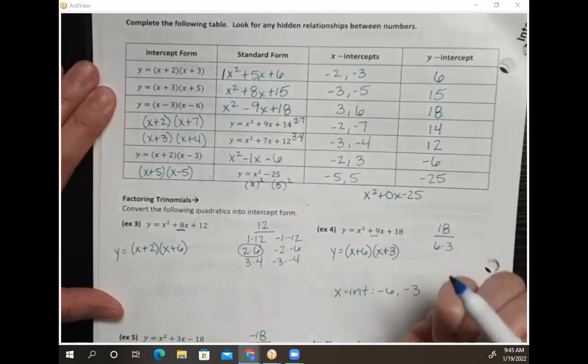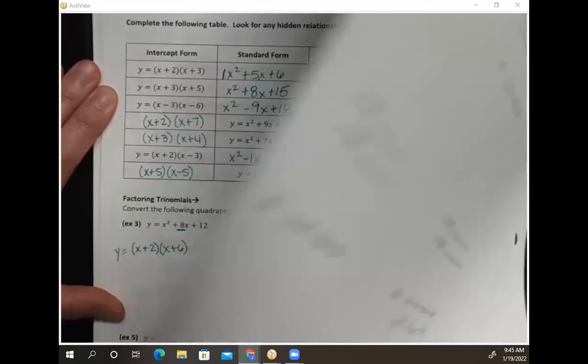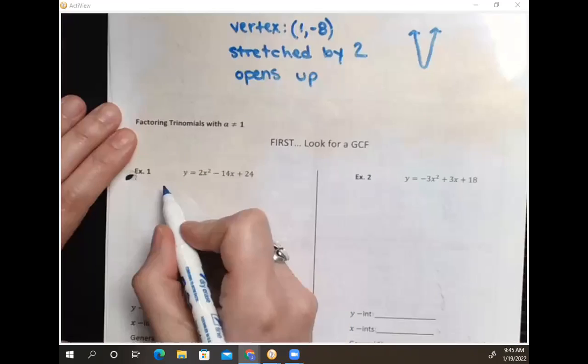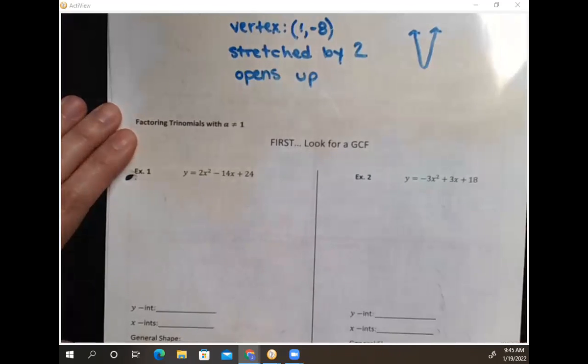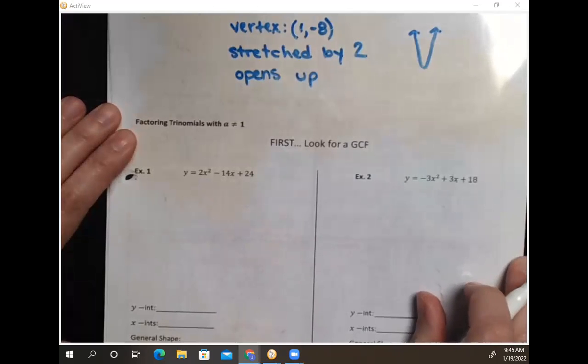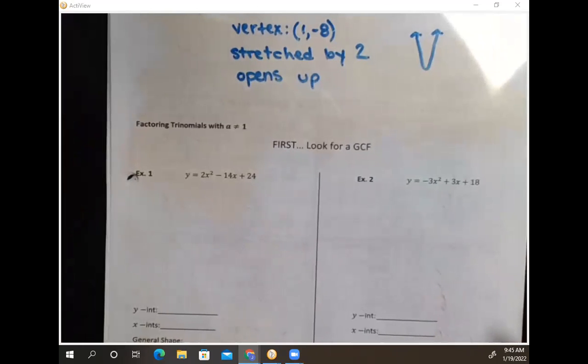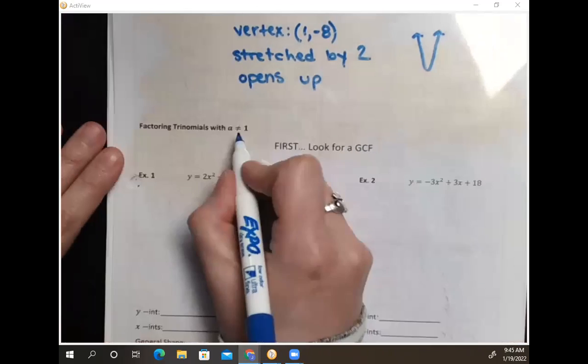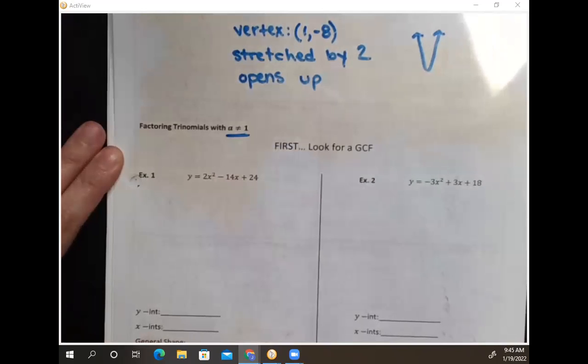Nothing exciting in front of x squared. So today we're going to look at how I handle putting something into factored form if the leading coefficient is 2 or -3. Factored form is another option for our trinomials. When a is not 1, how do we factor these things?